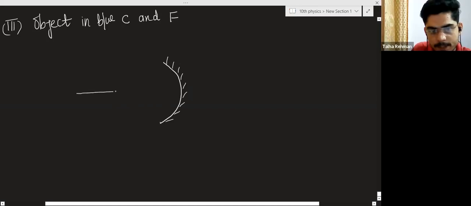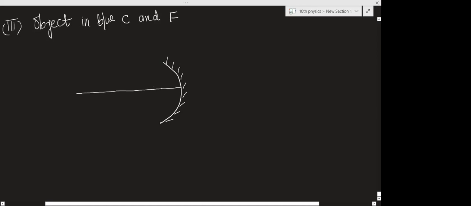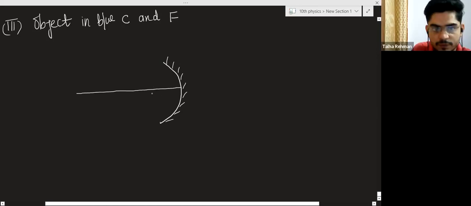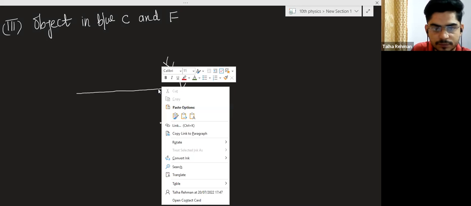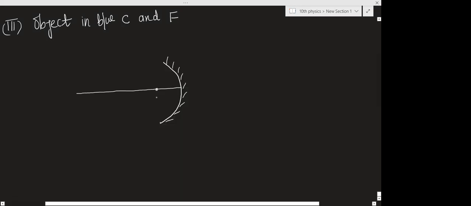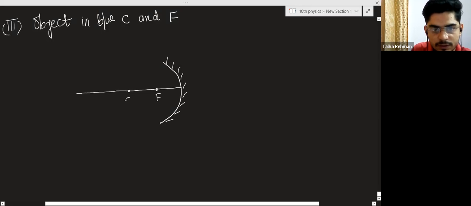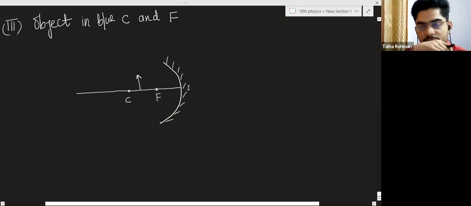And this is the principal axis. And this is focus. And this is center of curvature. And here somewhere the object is placed like this.